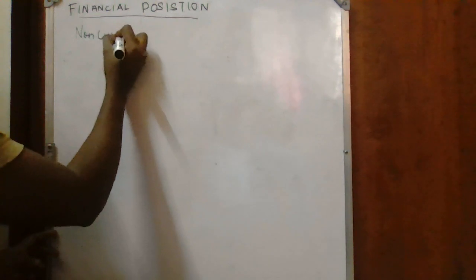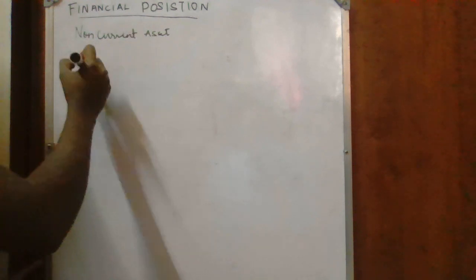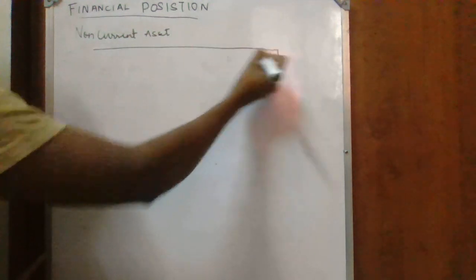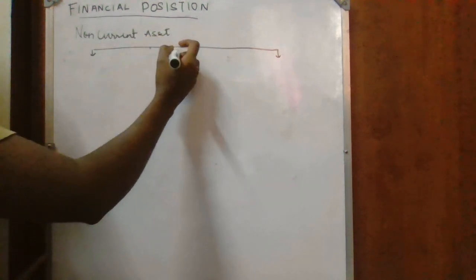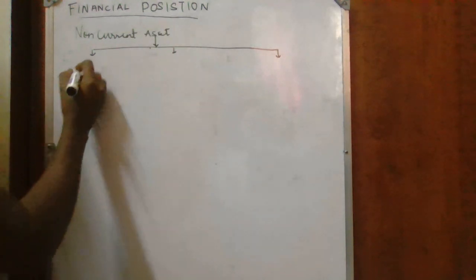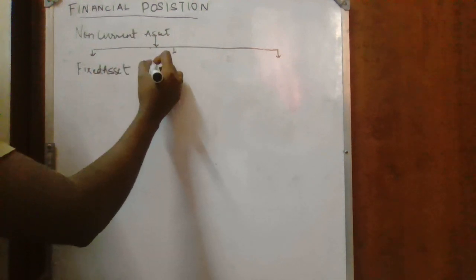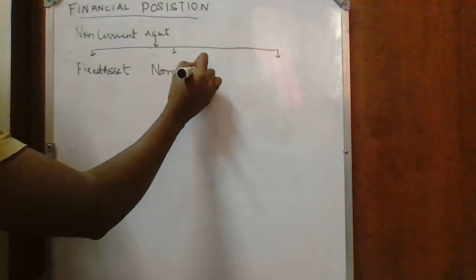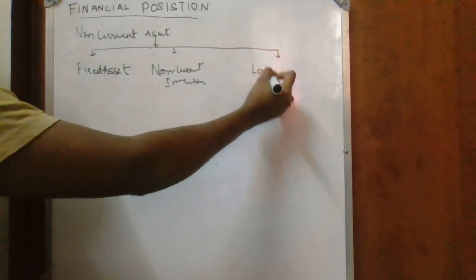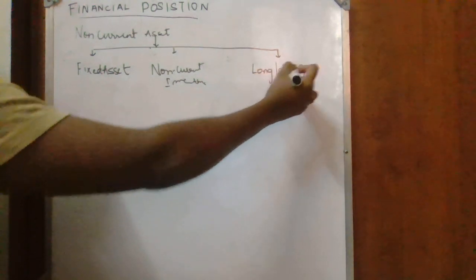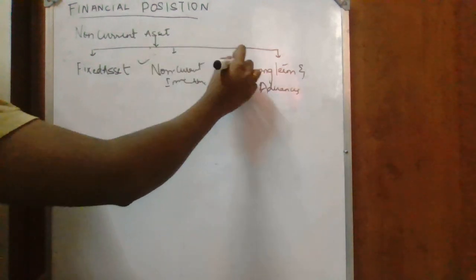Under non-current assets you will have three. One, you will have fixed asset. One more is non-current investment. And long-term loans and advances. We will discuss each and every one now.